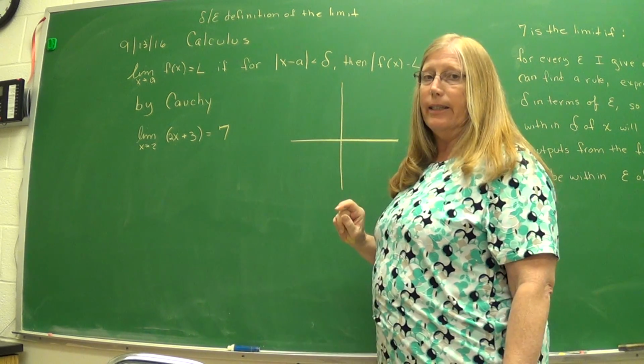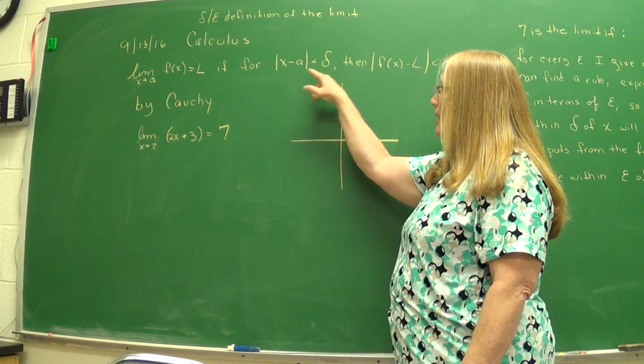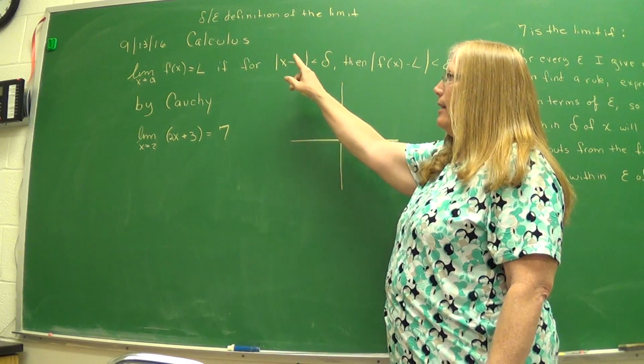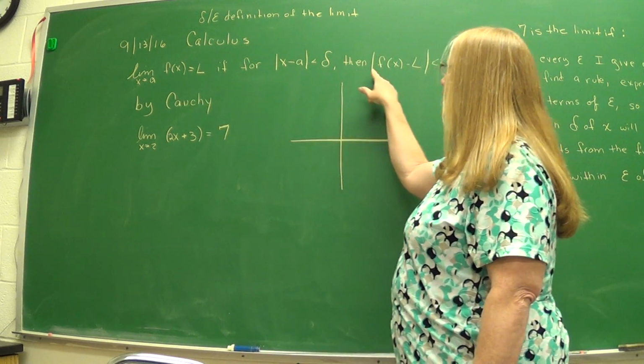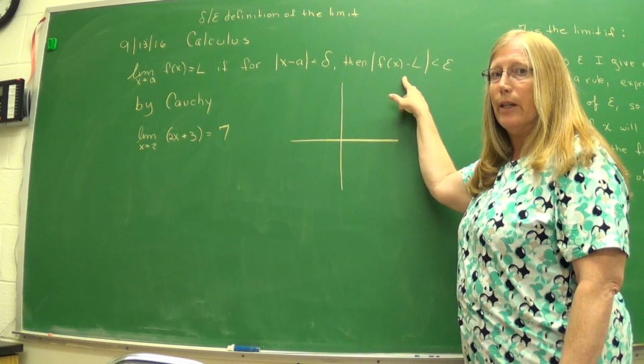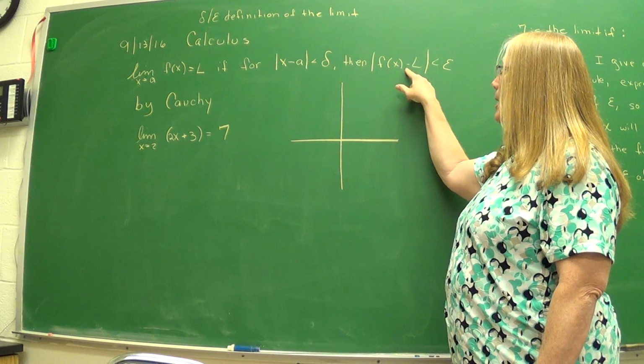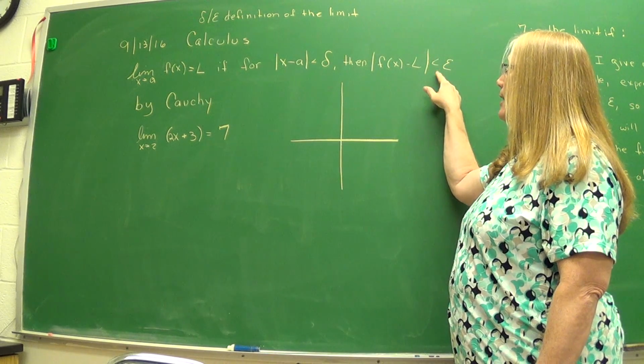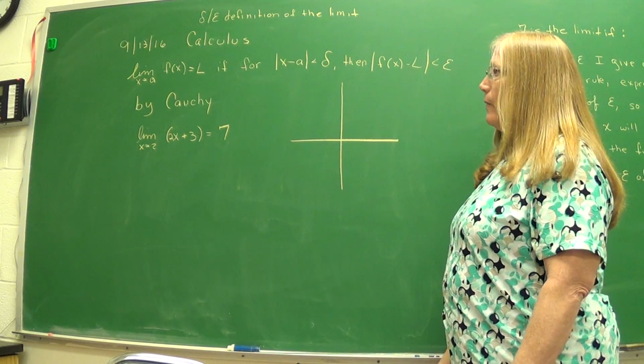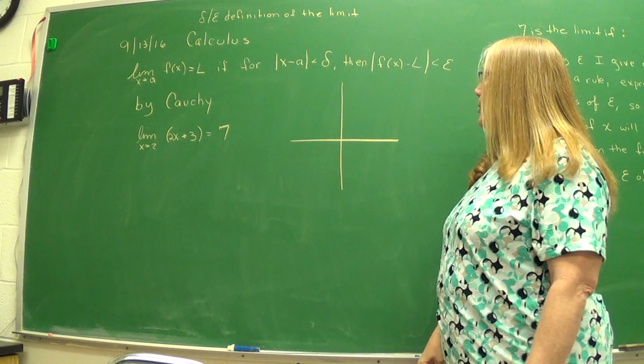And I'll draw that in a second. Then, if that's true, and the limit is L, then this will also be true. And we'll confirm that the limit is L, where the function minus L, the absolute value of that, is less than epsilon. For any epsilon, no matter how small.